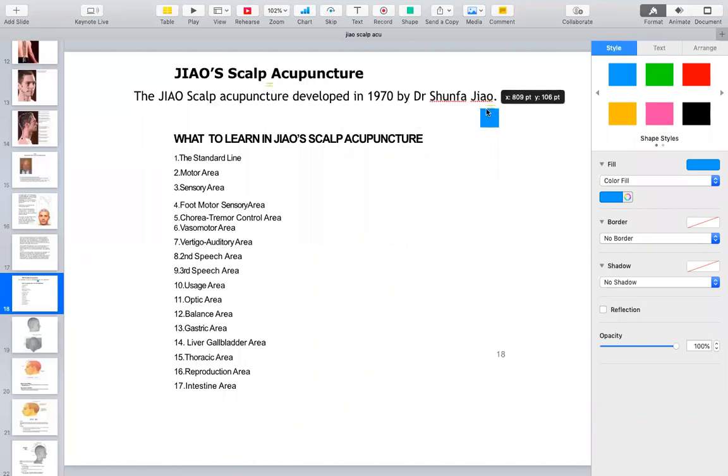The name of this acupuncture system is Dr. Jiao Scalp Acupuncture System. And these are the 17 topics which we have to discuss. So now we are proceeding step by step.